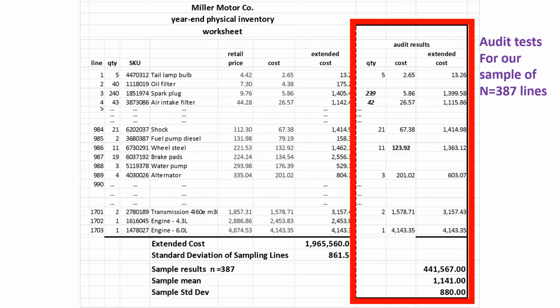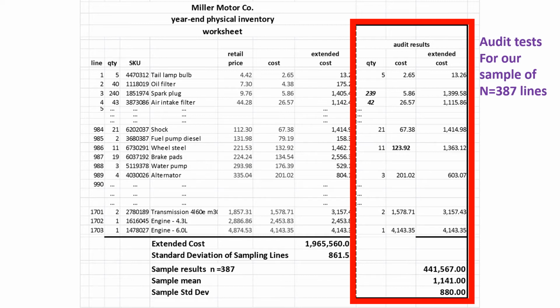Now, the right hand side of that sheet are the audit results. So we took a sample of 387. We won't get around to where that number came from for a while, but trust me, we took a sample of 387. The extended cost of our sample was $441,567.